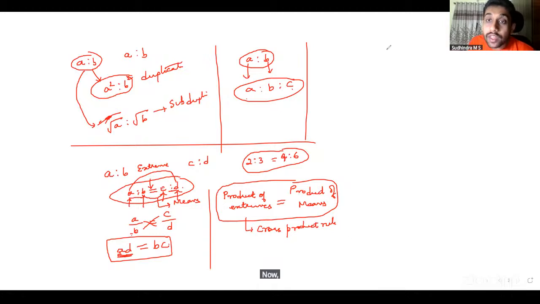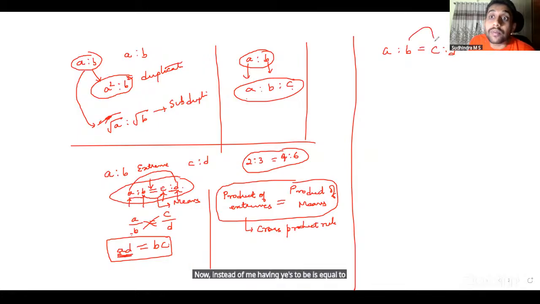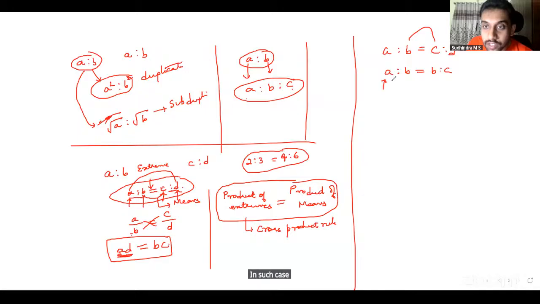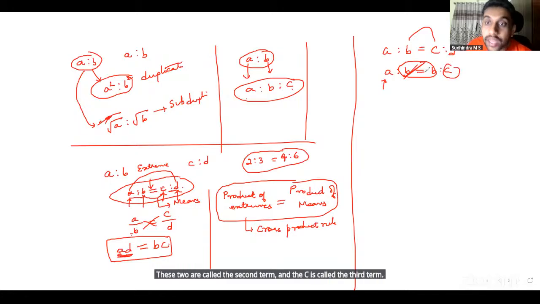Now, instead of A is to B equals C is to D, what if my means are equal? A is to B equals B is to C. In such a case, this is called the first term, these two are called the second term, and C is called the third term. Here, these two second terms are called the mean proportional.